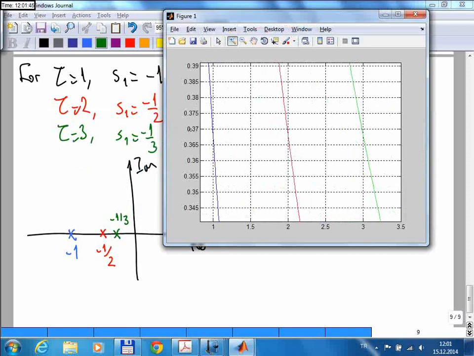So the output reaches the 37% of the initial condition in one time constant. So for the blue case, time constant was 1 second, so this is what we have. And for the second one, the red one, time constant was 2 seconds, and here it reaches that value at 2 seconds. And for the third one, it is at 3 seconds. Okay?